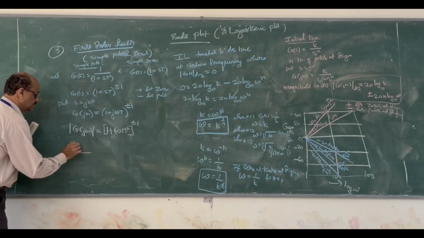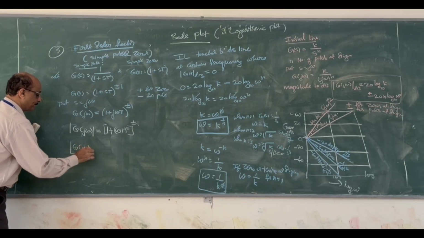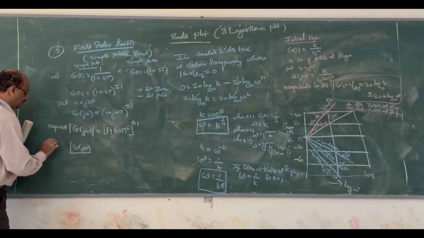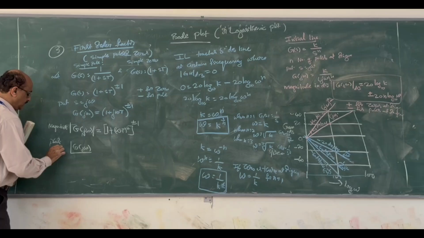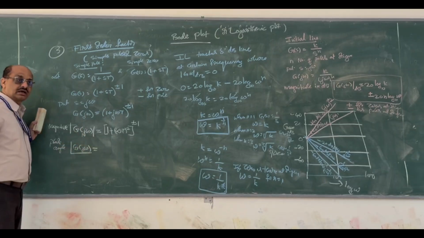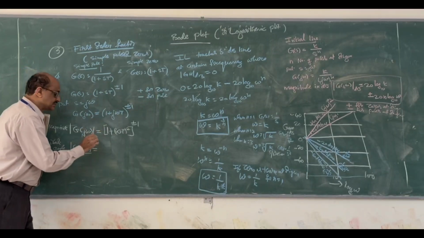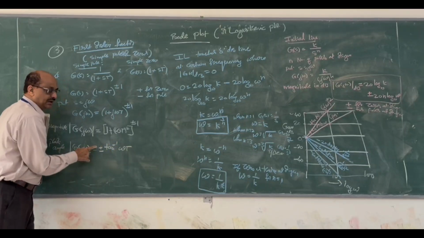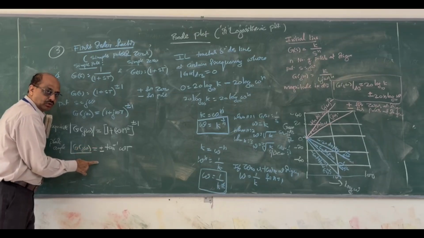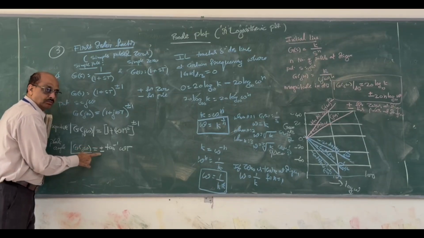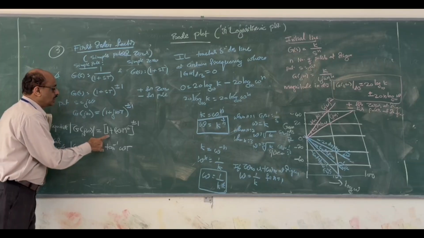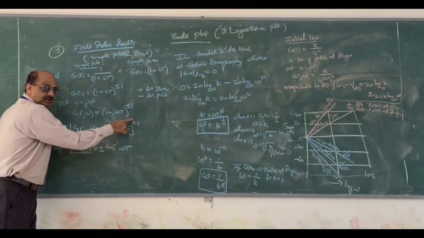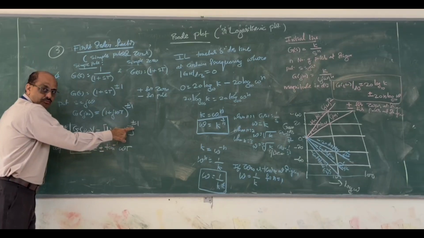And the phase angle of G of J omega is plus or minus tan inverse of omega T. Again plus for zero, minus for pole.